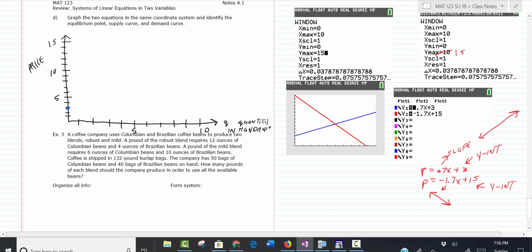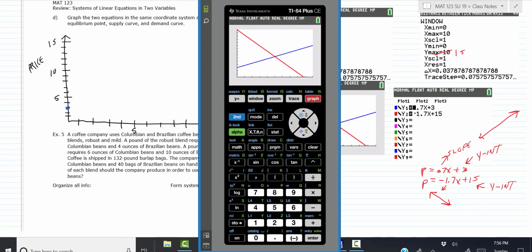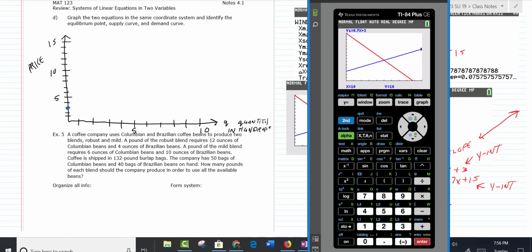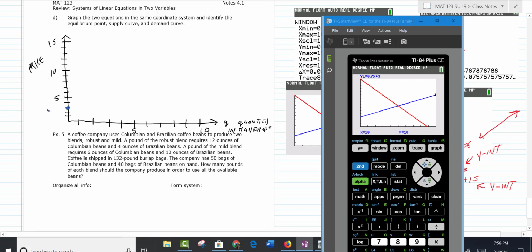All it takes is 2 points to make a line. So I'm going to trace on this, and watch carefully how I do this. I trace, and I want to be on the blue line. I'm graphing this blue one right now. Go ahead and type in 10. That'll take you to the end of that graph, so you have a point 10, 10. You want to get 2 good points on your graph and label them.